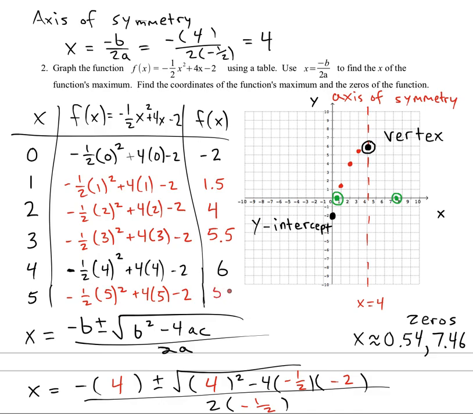It's going to be 5.5. And because this axis of symmetry is kind of like a mirror here, I could go on to sketch other points simply by reflecting the points across that axis of symmetry like a mirror.